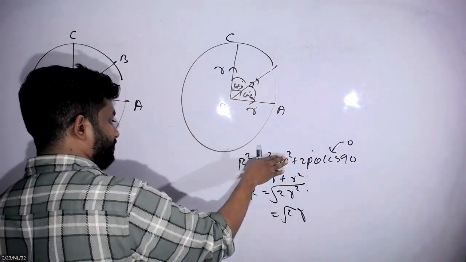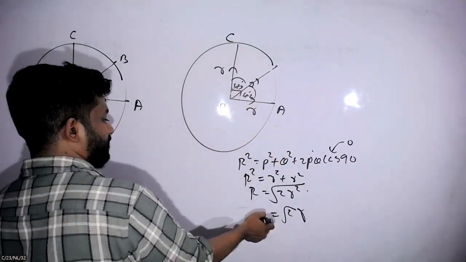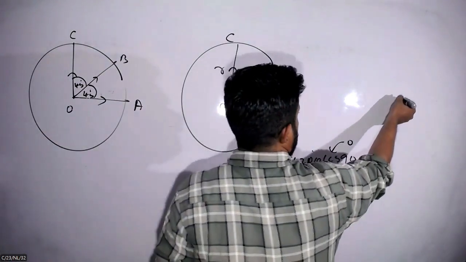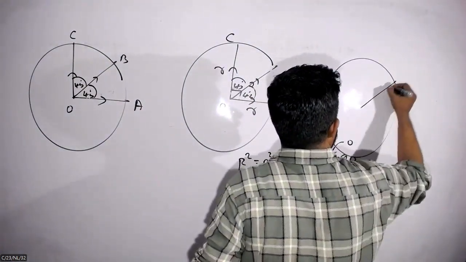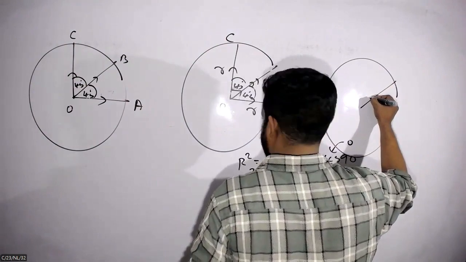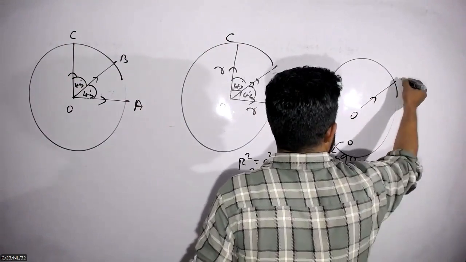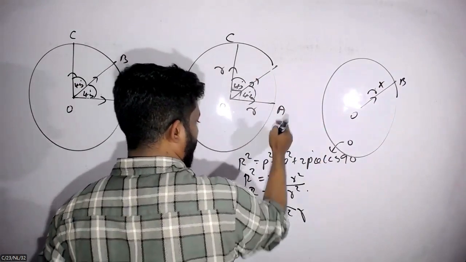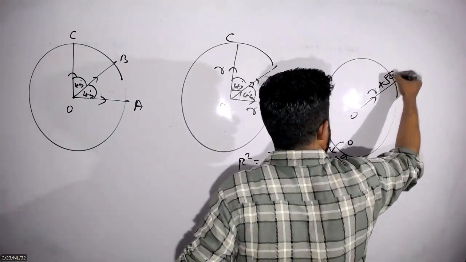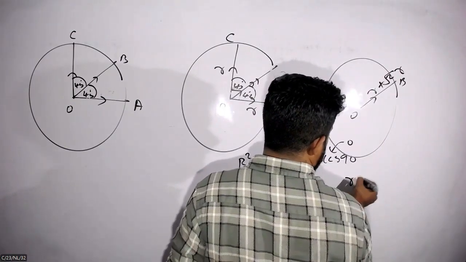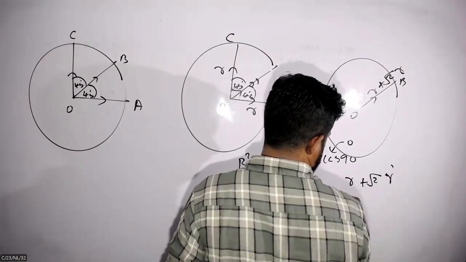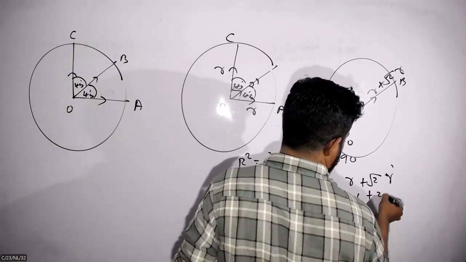Now you have reduced these two forces into a single force. This one is the resultant of OC and OA. Then you can find the resultant of the system. This one is OB, which is again small R, plus the resultant of OC and OA, root 2 R. Then the resultant is R plus root 2 R; taking R outside the bracket, 1 plus root 2.